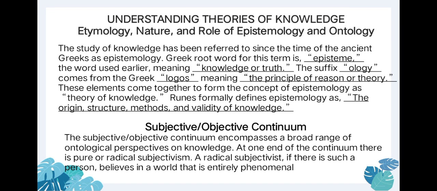Understanding theories of knowledge, etymology, nature, and role of epistemology and ontology. The study of knowledge has been referred to since the time of the ancient Greeks as epistemology. The Greek root word for this term is episteme, the word used earlier meaning knowledge or truth.